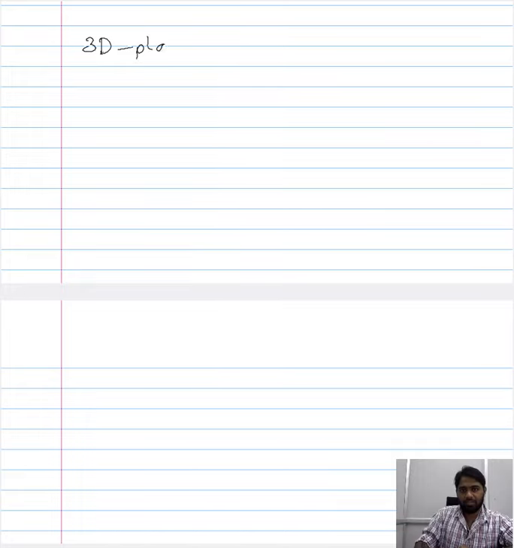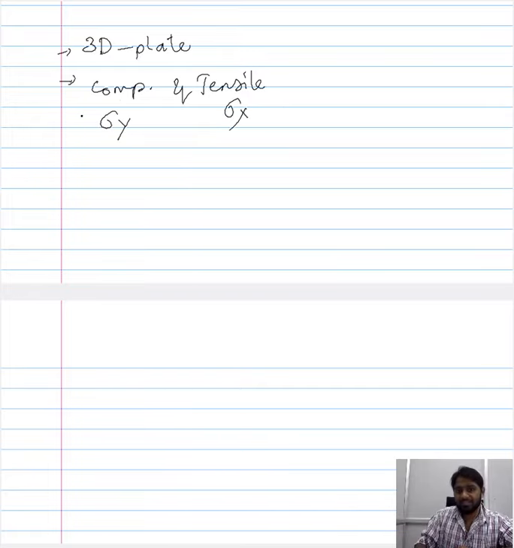So we have a 3D plate, and now instead of biaxial tensile loading we have a combination of compressive and tensile loading. The compressive is sigma y and the tensile is sigma x, and since it's compressive, by convention it is negative, and so we have a region that is inclined by an angle theta. These are the conditions that we want to work on.